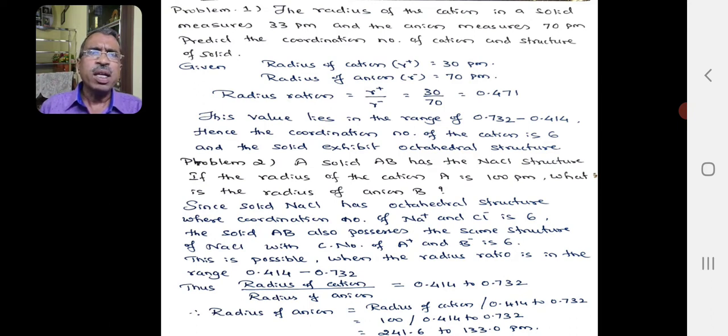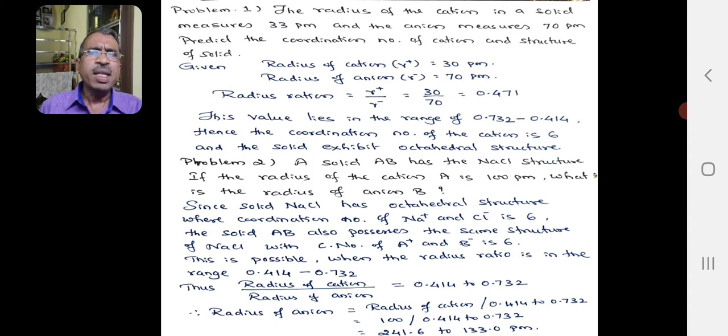Let us take another problem. A solid AB has the sodium chloride structure. If the radius of the cation A is 100 picometer, what is the radius of the anion, that is B?